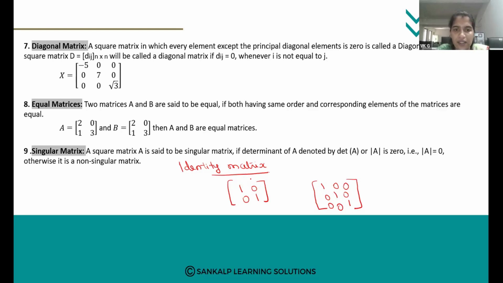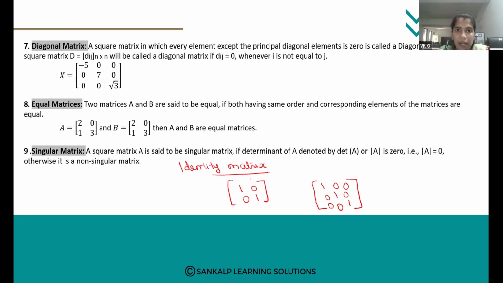Now, what is the difference? Already I had mentioned the scalar and diagonal matrix. All these scalar, diagonal, identity are square matrices. A square matrix in which non-diagonal entries are 0 is called a diagonal matrix.